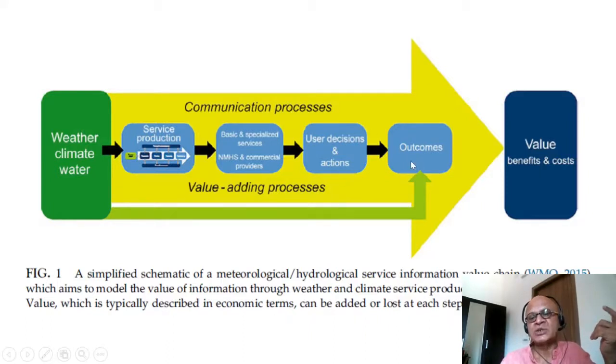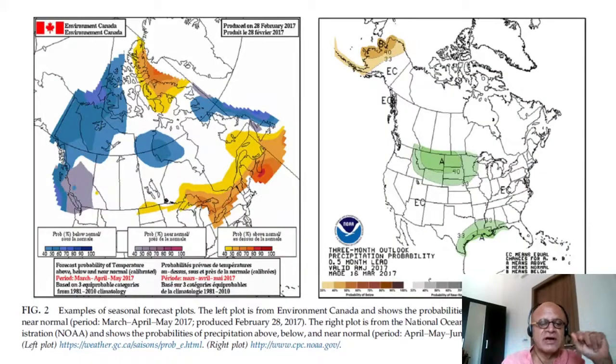Then come user decisions and actions leading to outcomes, and there is a feedback from the forecast to make sure outcomes are as desired, so that value in terms of benefits and costs is realized, maximized, optimized, whatever. This is an example of seasonal forecasts, and this is probabilistic forecasting, where the Canadian service, Environment Canada, offers temperatures as below normal, near normal, and above normal probabilities.